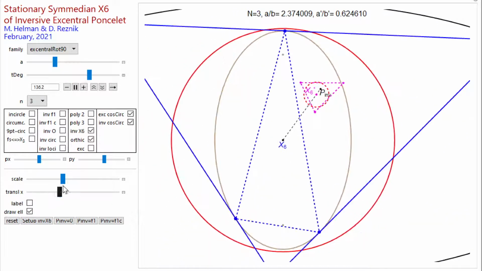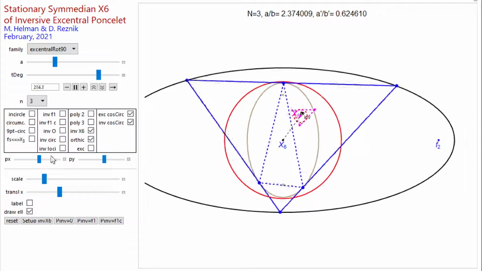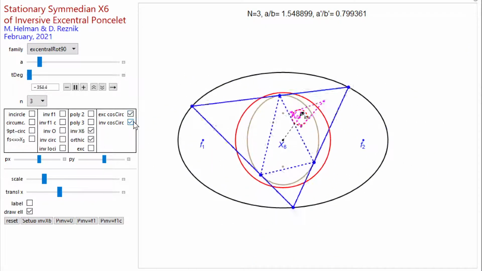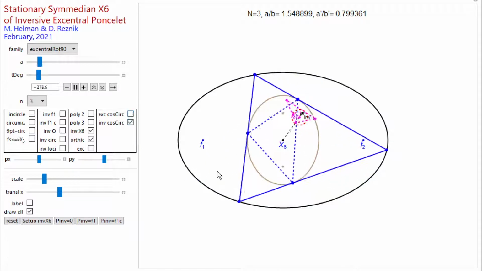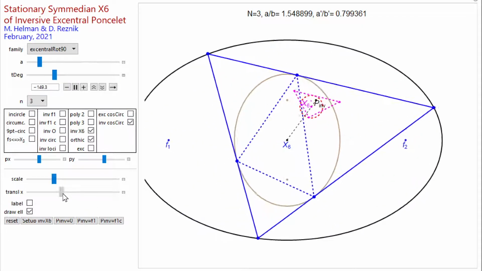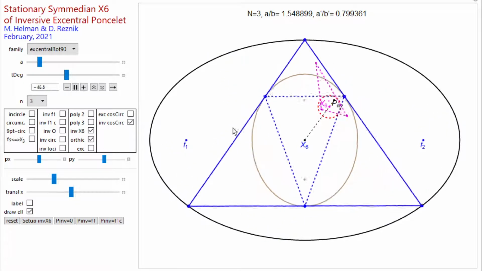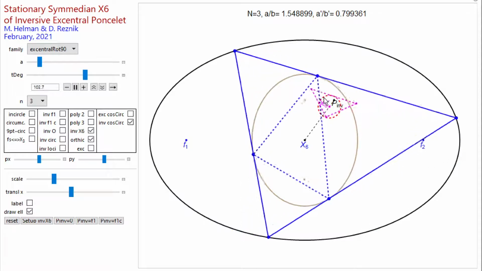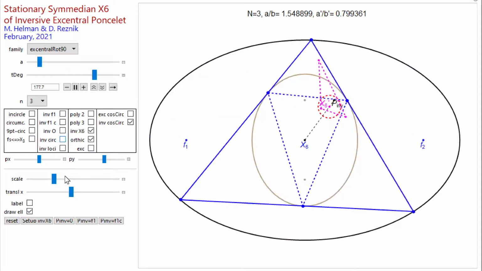So let me scale this out so you can get a sense of it, and let's change that aspect ratio a bit. I'm going to turn off the cosine circle of the excentral because that's an older result. So here you see in dashed red the cosine circle centered on x6 star of this inversive family.